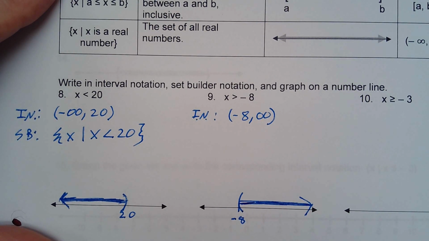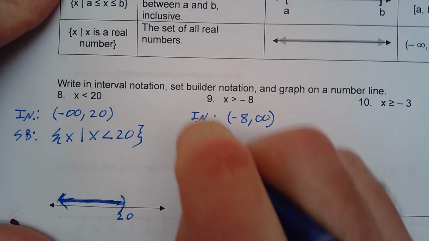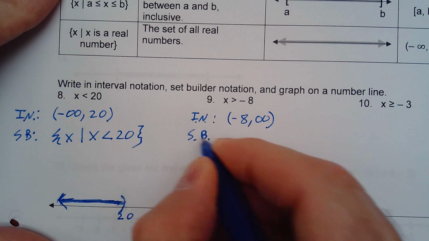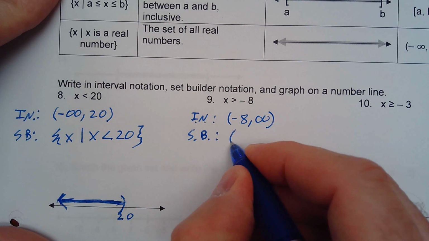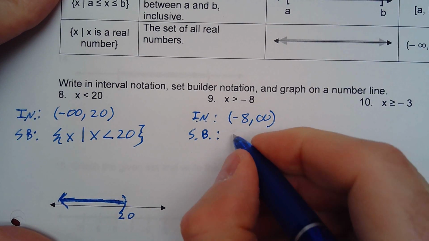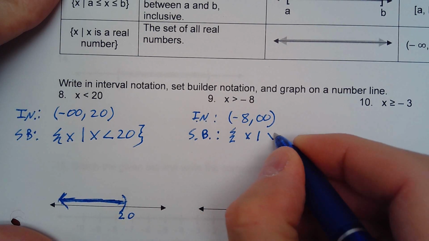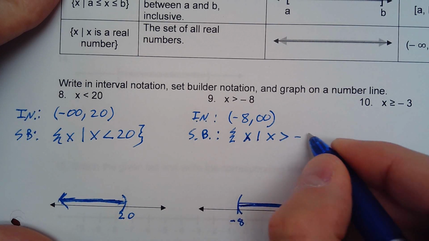And then my set builder notation, again, I'm just making this fancy. This would be curly bracket, set of all x such that x is greater than negative 8.